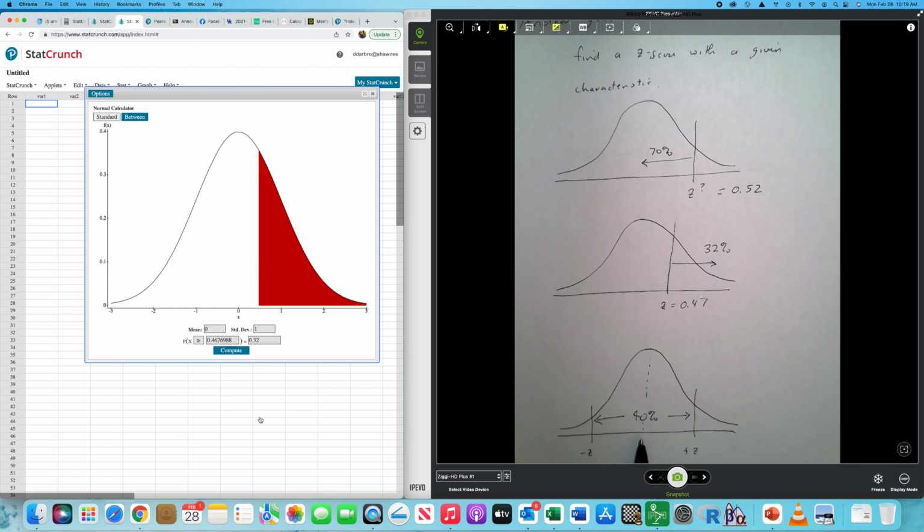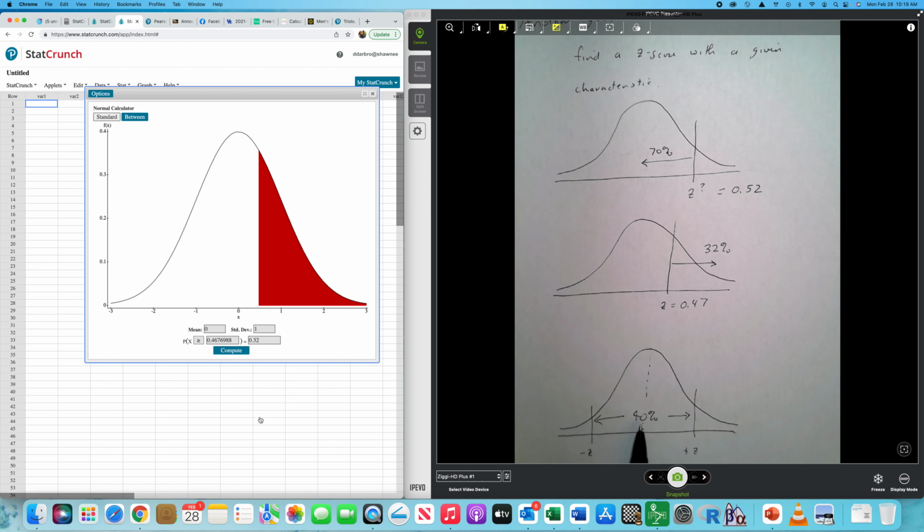So any number to the left of 0 has to be negative, and any number to the right of 0 has to be positive. So sometimes in statistics, we need to find the negative z-score and the positive z-score that has a certain percentage between it, namely 95%, 99%, 90%, for reasons I'll explain later in the class.